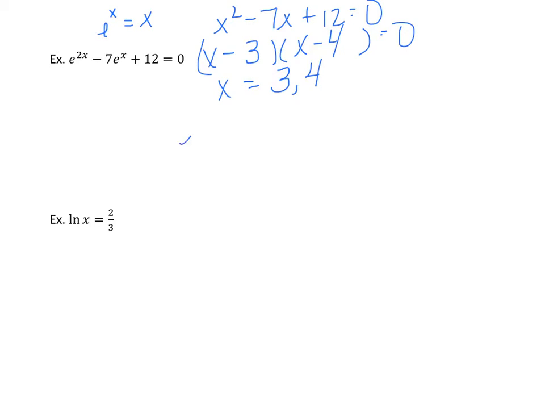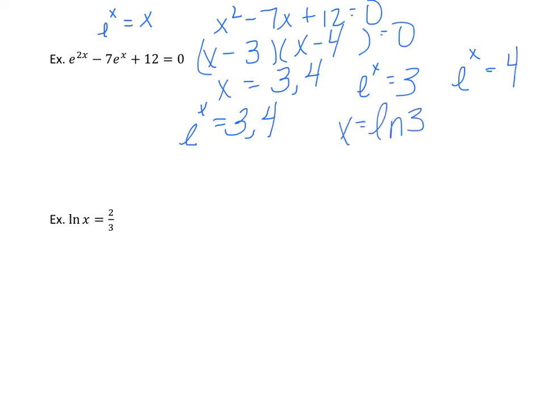Put my substituting back in. This was e to the x equals 3 and 4. So if I write that twice, e to the x equals 3, e to the x equals 4. Get rid of an e by natural logging the other side. And we have two solutions, natural log of 3 and natural log of 4.